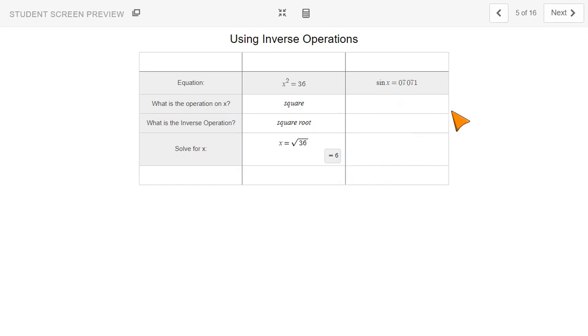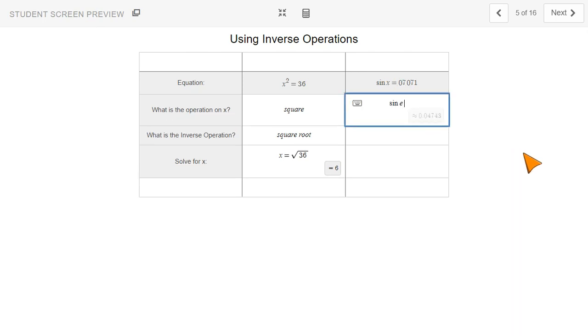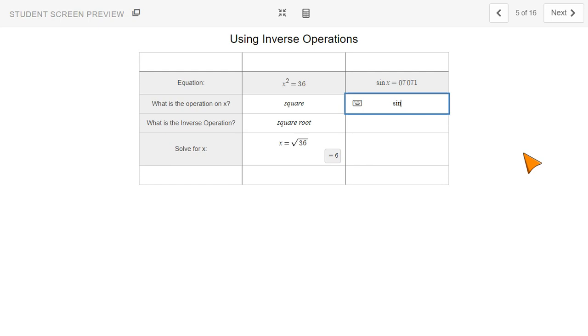Now, when I have sine x is equal to 0.7071, sorry, I noticed there's a decimal missing right there. The operation that's being applied on the x is we're taking the sine function and applying it to the x. What's the opposite of a sine function? This would be the inverse sine, or you could say arc sine.